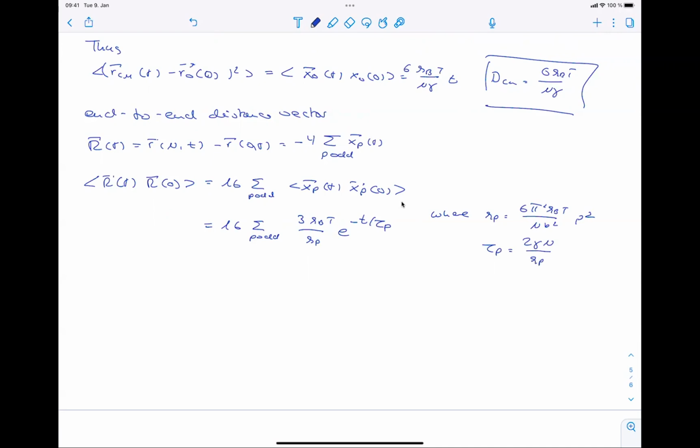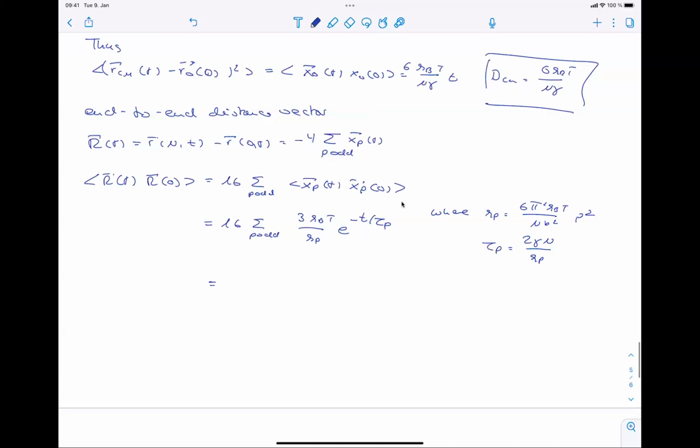And so if we insert this, we see that we get 8 N over p squared pi squared and 1 over p squared, and sorry, long expression, gamma n squared p squared over 3 pi squared kBT.